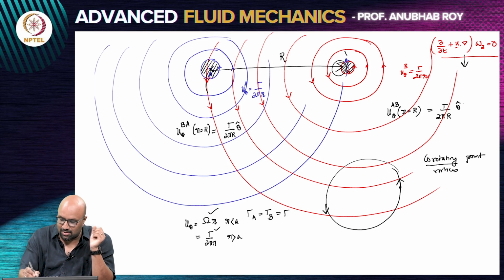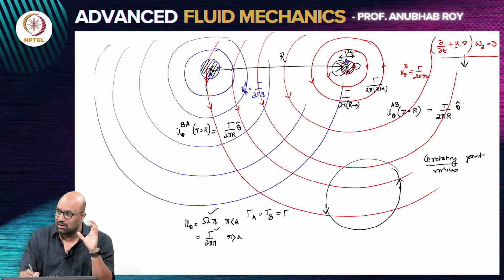If R is the center to center distance between the two vortices and the diameter is 2a, then the leftmost edge experiences a velocity that is gamma by 2 pi (R minus a), whereas the rightmost part of vortex B is experiencing a velocity that is gamma by 2 pi (R plus a). What does that mean?